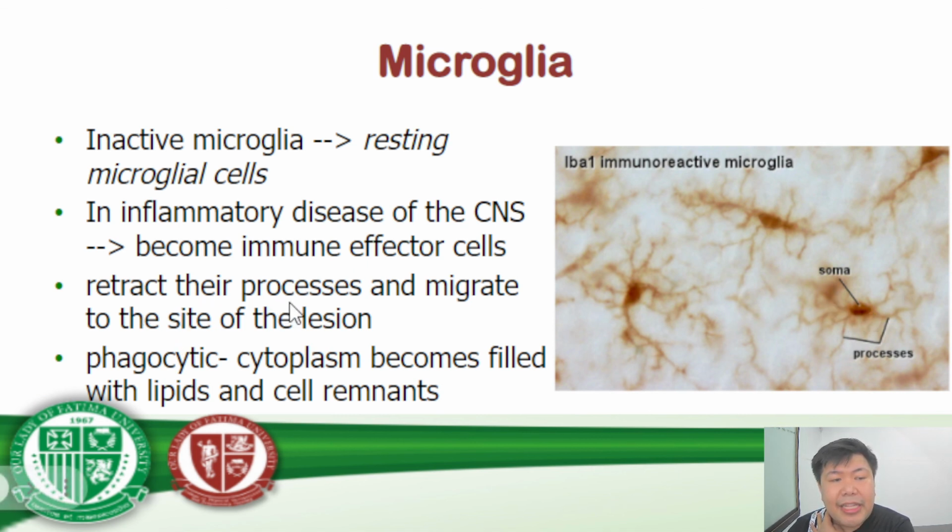They retract their galamay or processes and they migrate to the site kung nasaan yung infection. And once they are there, they will digest or they will attack the offending agent. Yan. So eventually, kakainin nila yon. And again, anong resulta ng digestion? Lipids and pigments. Yan.